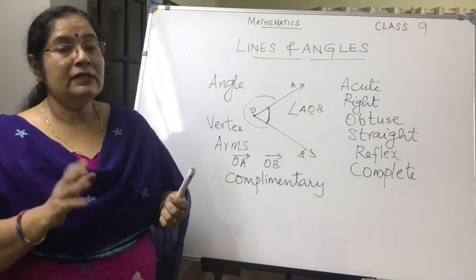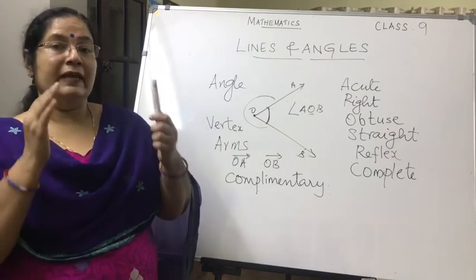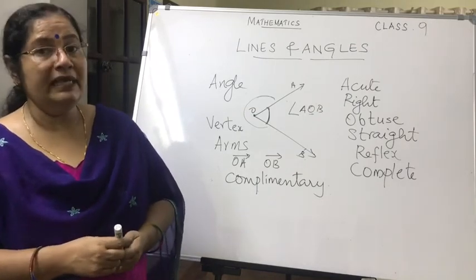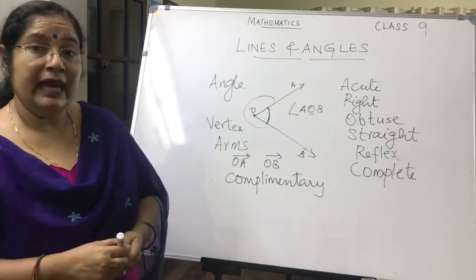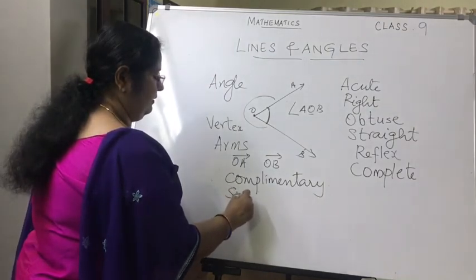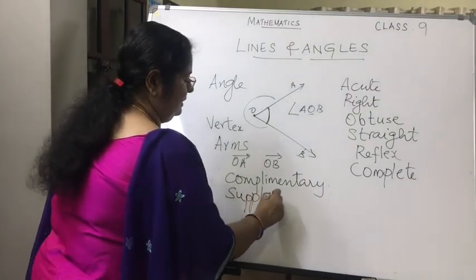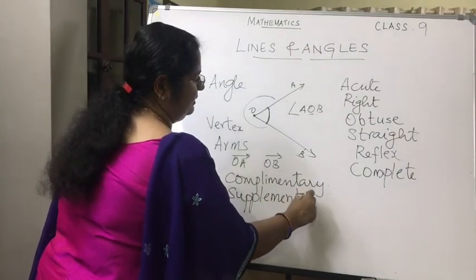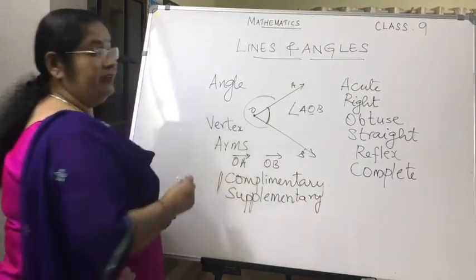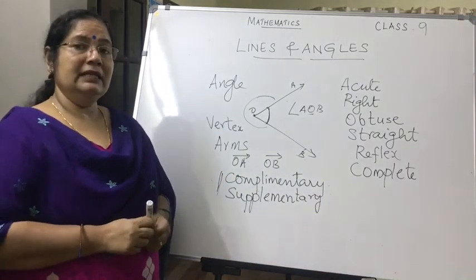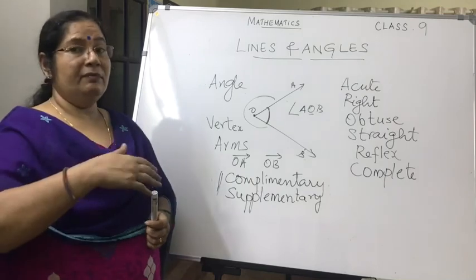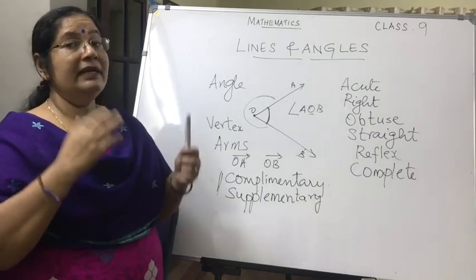Those two angles, that pair of angles, we call supplementary angles. So two pairs we have learned, complementary angles and supplementary angles. This is also based on their angle measure, but it is a pair.